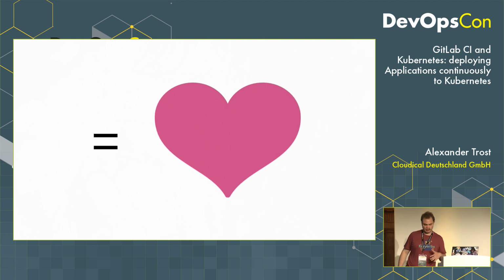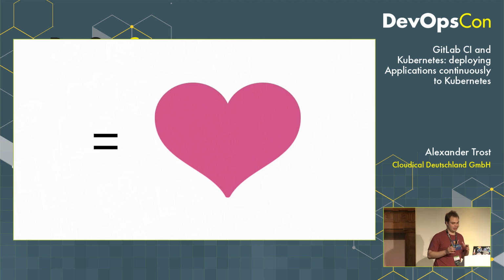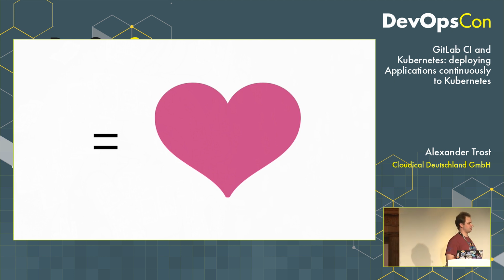So in the end, with GitLab and GitLab CI and the integration for Kubernetes, it ends up in a love situation, where it's easy: you press one button, or you just push, and the change is automatically built. And which I will also showcase, when I create a pull request, or a merge request, depending on what term you want to use, I get a preview of my changes.